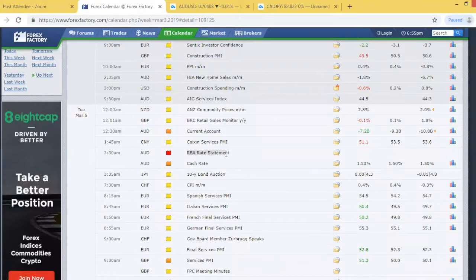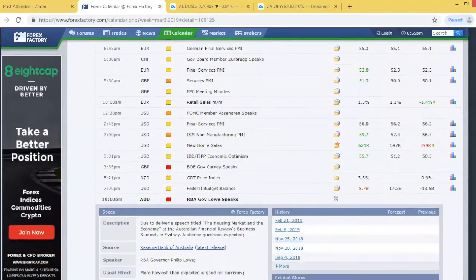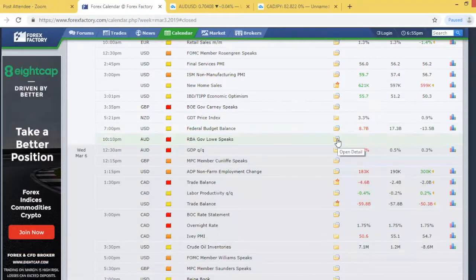This information that was released then was just packed into the speech that Governor Lowe made in the evening. He took a few questions from the audience, and we didn't see any real movements with the Aussie dollar there.